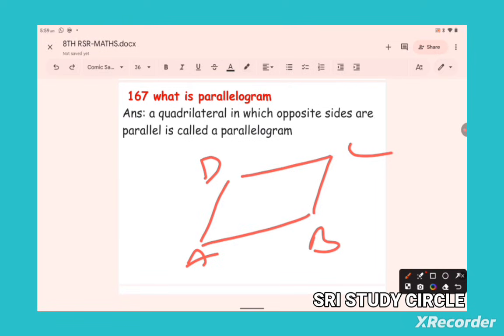AB is parallel to DC, BC is parallel to AD. Angle A is equal to angle C, angle B is equal to angle D. The diagonals AC and BD bisect each other. So this is known as a parallelogram.